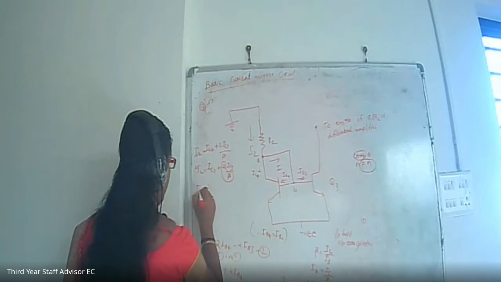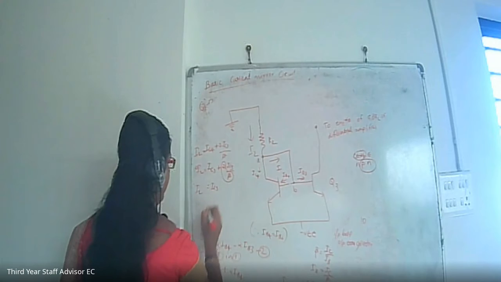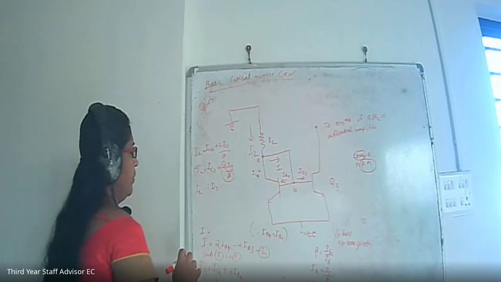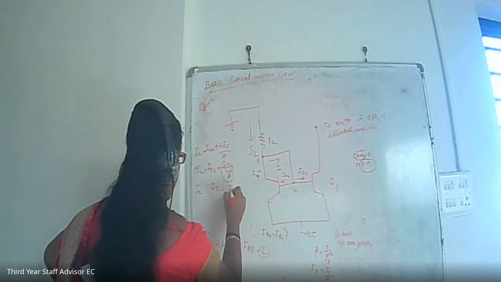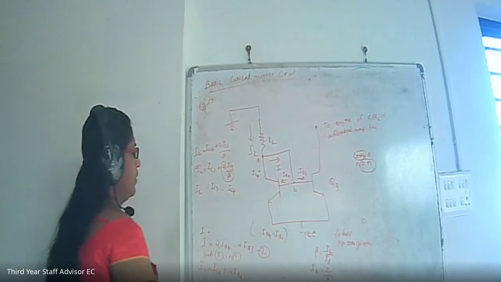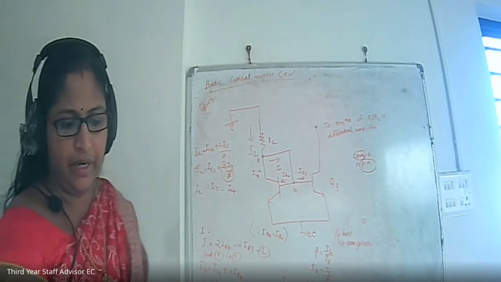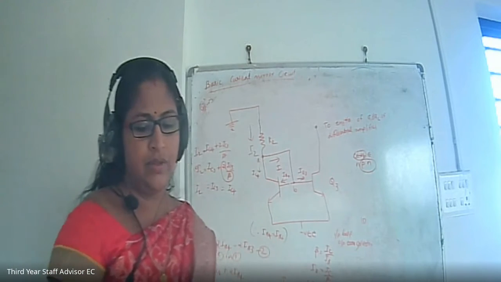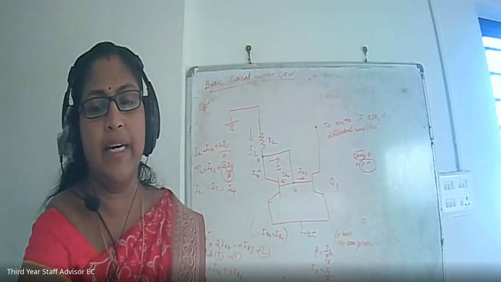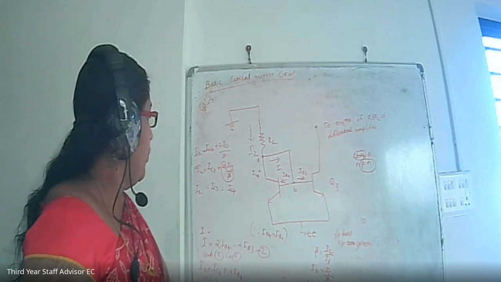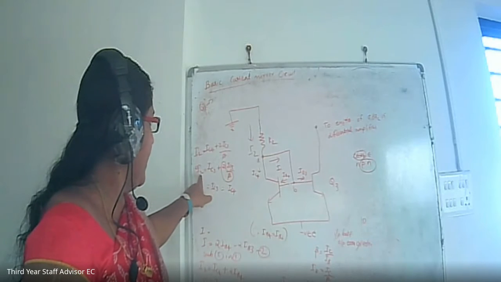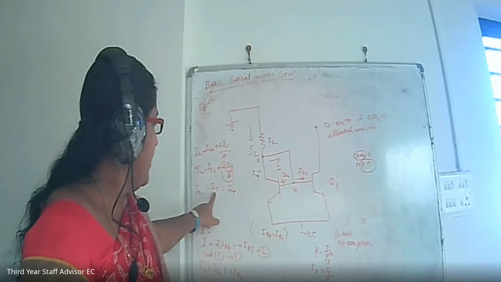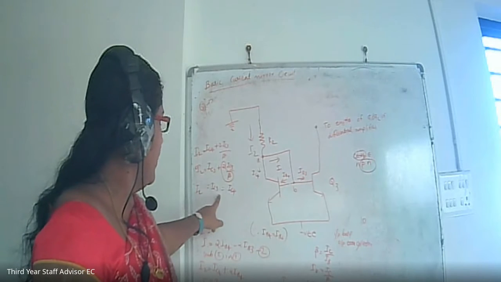So I2 will be equal to IC3, which is equal to IC4. Since beta's value is very high, we can write I2 equal to IC3. Since IC3 equals IC4, we can write I2 equal to IC3 equal to IC4.